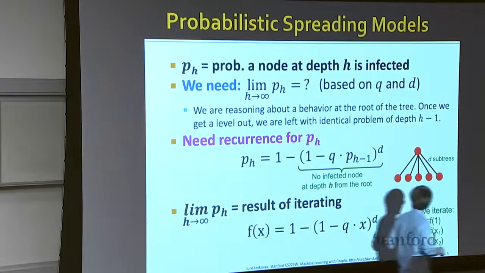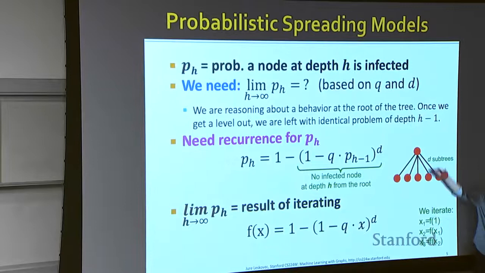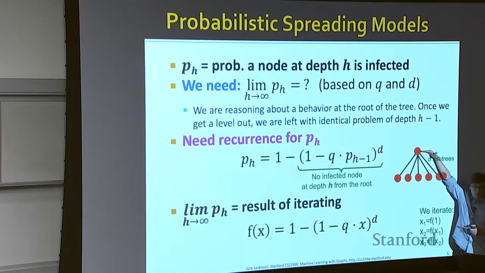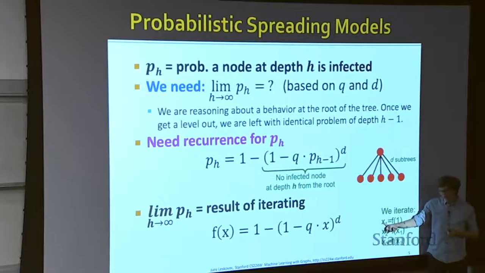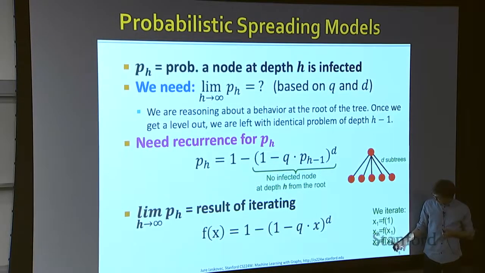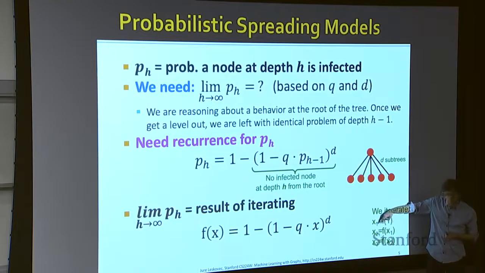And what I mean by iterating is I start with f evaluated at 1, because the probability that there is an infected guy at level 1 is 1. I get a new x, I evaluate the new x, I get x2, I take this x2, evaluate the function, I get x3, and so on. So that's what I'm iterating, right?